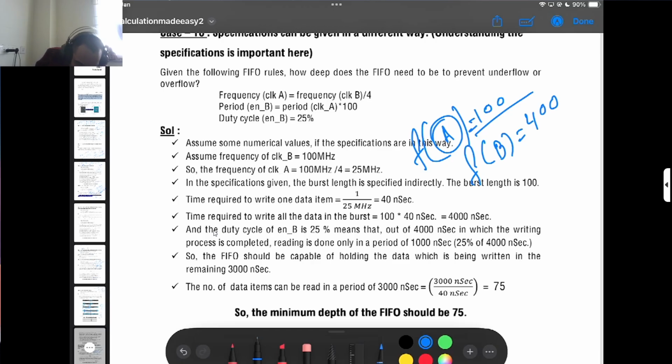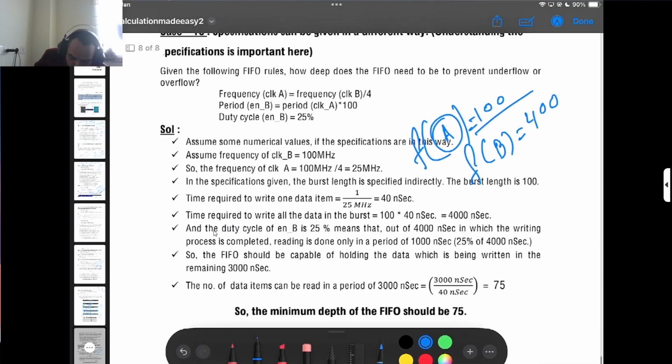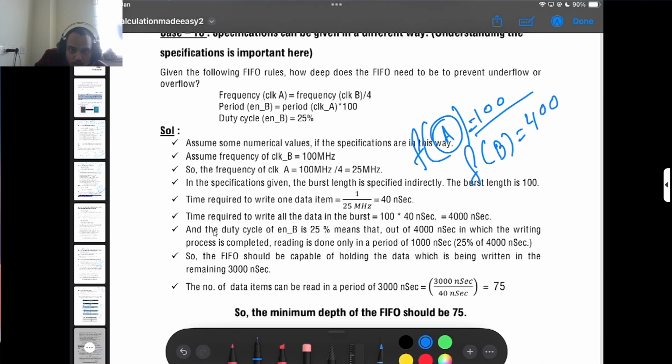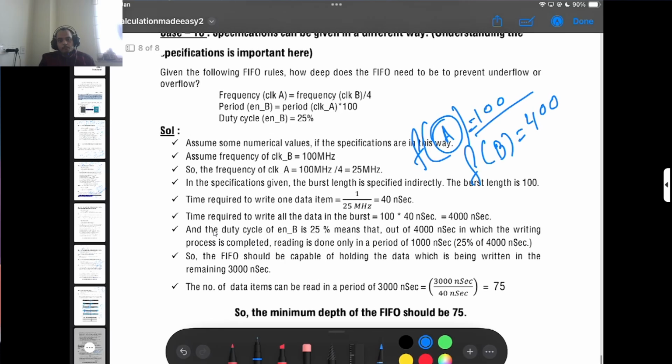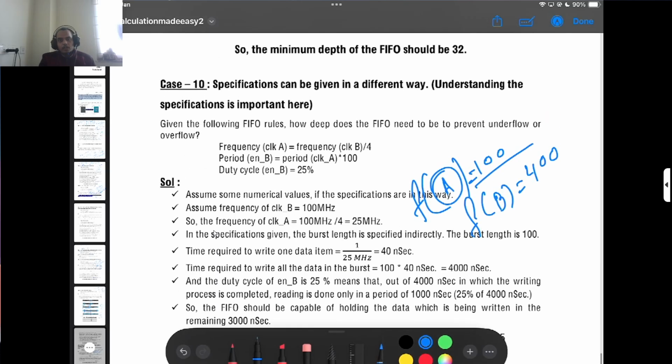Basically, suppose the period of enable B equals the period of clock A times 100. So the enable B period will be the same as the period of clock A.